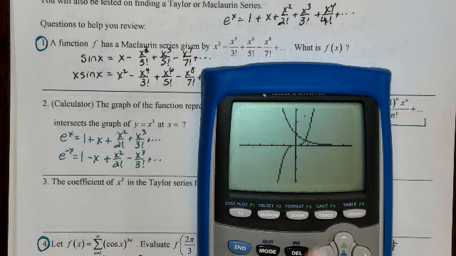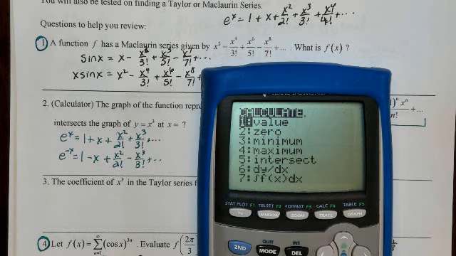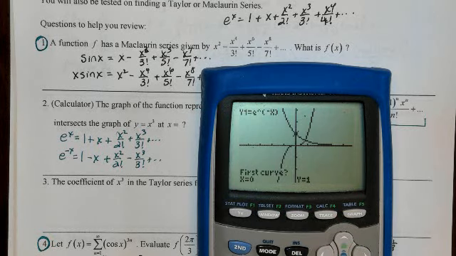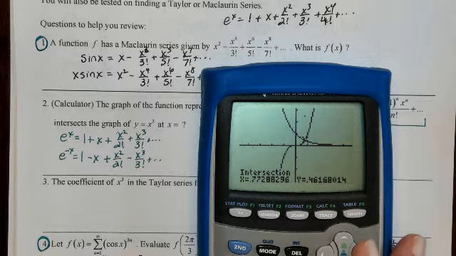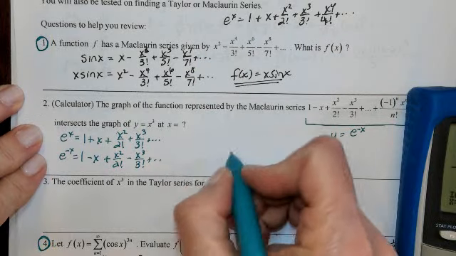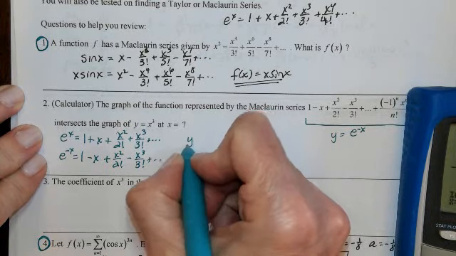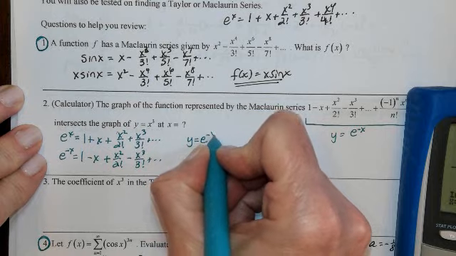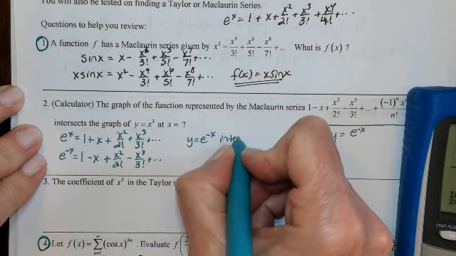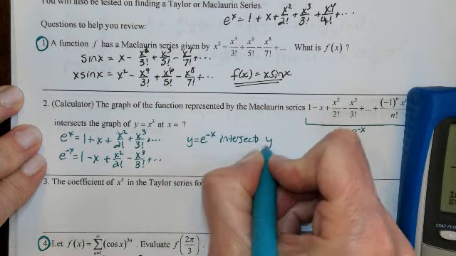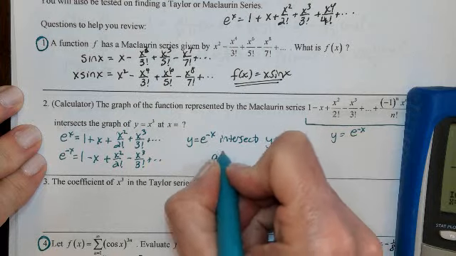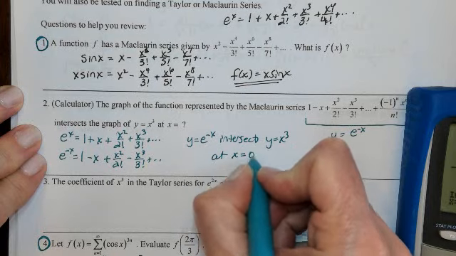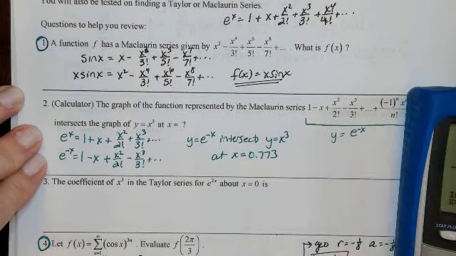Here's e to the x. Where do they intersect? Second calc 5. Oops, second calc 5. Enter, enter, enter. 0.773. So I'll say y equals e to the negative x intersects y equals x cubed at x equals 0.773.